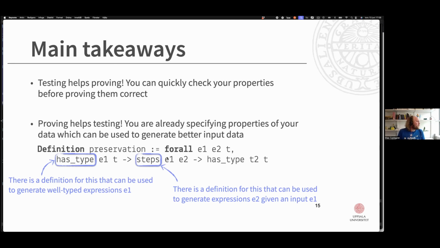Well, I guess in a small step semantics it is decidable, but there might be properties that are not decidable in general, and then you can give it a fuel argument and say, given some fuel, I might be able to show that this thing holds or not, but I can't do it in the general case. So there are workarounds for that.